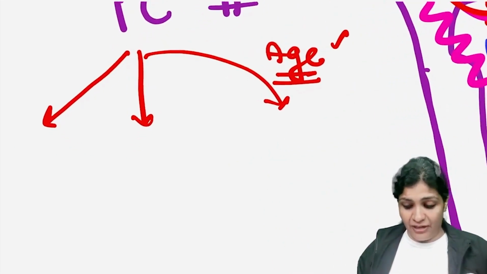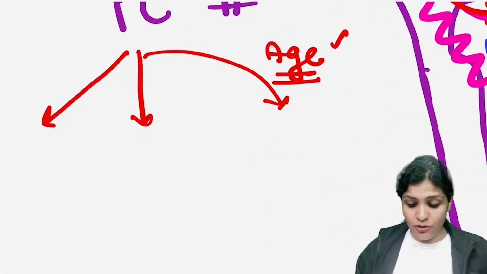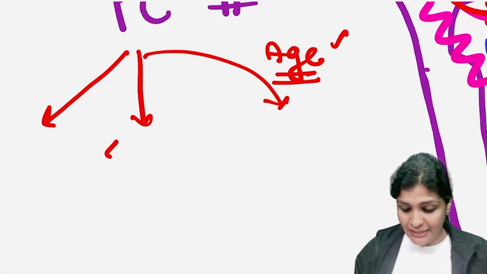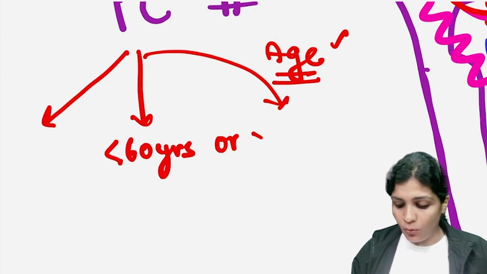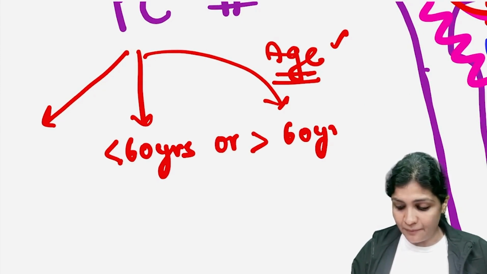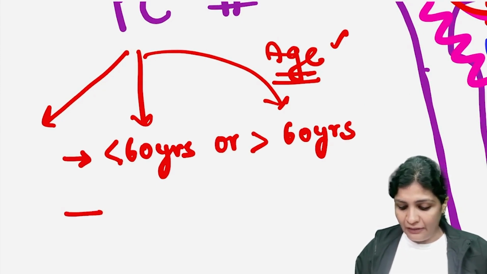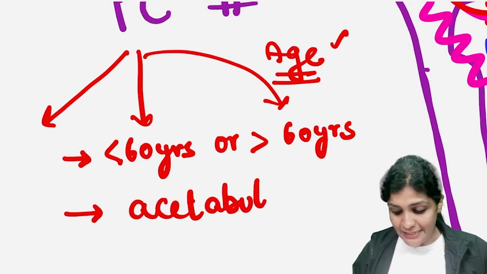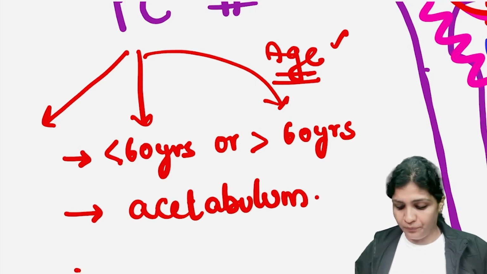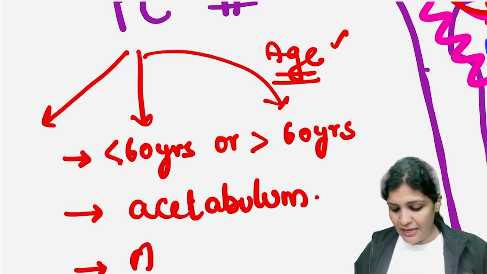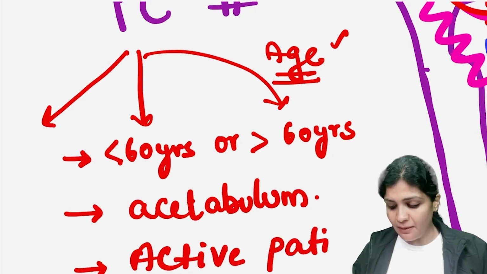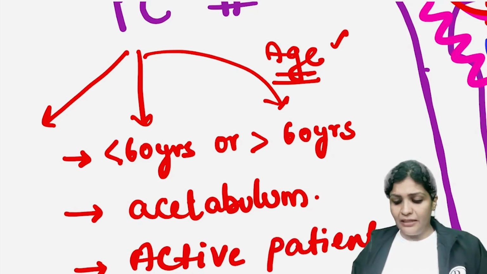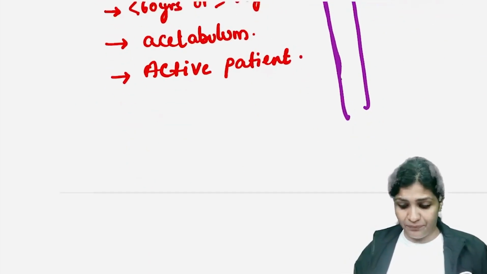Here in IC fracture, you have to look whether the patient is less than 60 years or more than 60 years, and if the patient is having any problem with the acetabulum also, is the patient an active patient? Some patients who are very, very active, the treatment again differs for them.